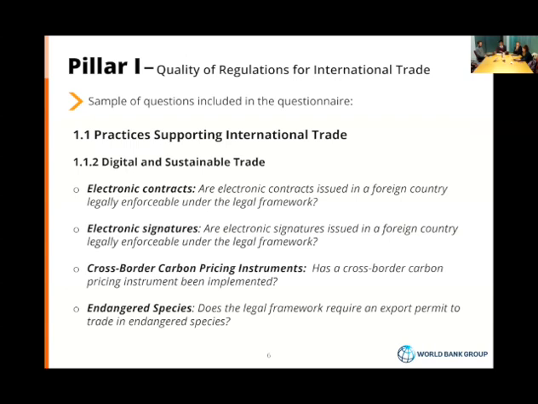Under Pillar 1, on the subcategory on digital and sustainable trade, we have questions that seek to assess the legal validity and enforceability of electronic contracts and signatures that are issued outside the country. So one of our questions, for example, seeks to assess whether the domestic legal framework legally enforces electronic contracts or signatures that are issued in a foreign country.